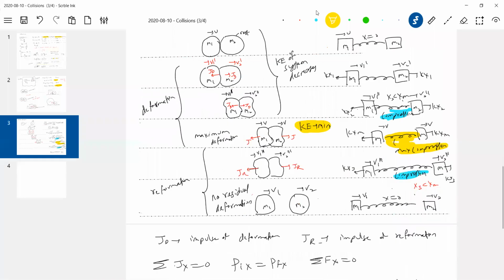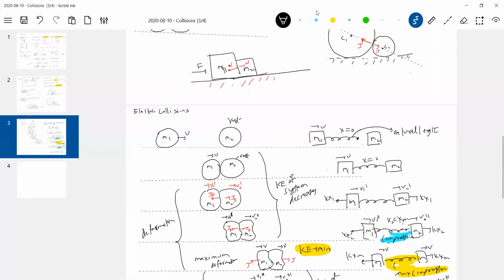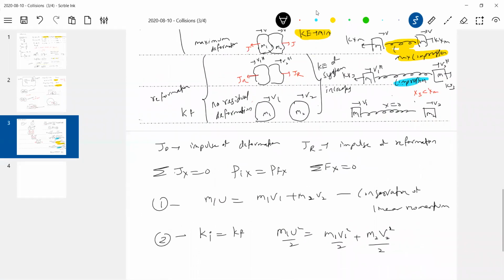Then again, the kinetic energy of the system starts increasing. And this is the final kinetic energy, and this was the initial kinetic energy. Initial kinetic energy is equal to final kinetic energy.